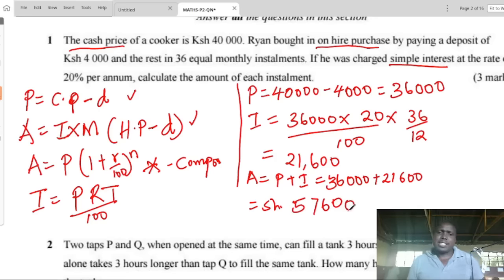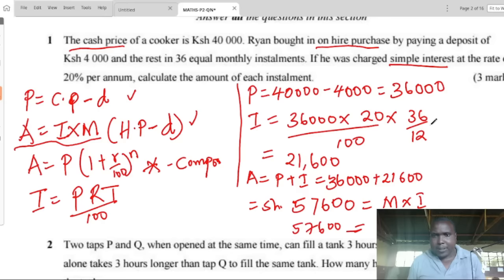Now 57,600 is the amount, but remember here I told you amount is equal to monthly installment times the number of months. So this one is equal to months times installments. Now we have the number of months, this one is 36, times installments.